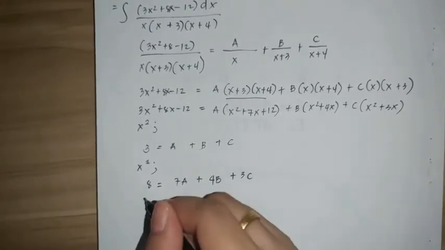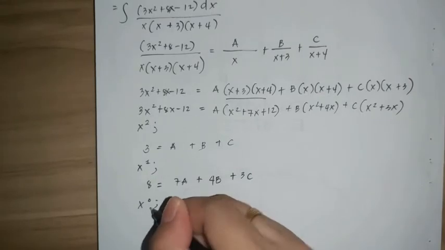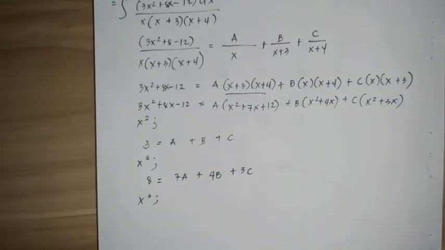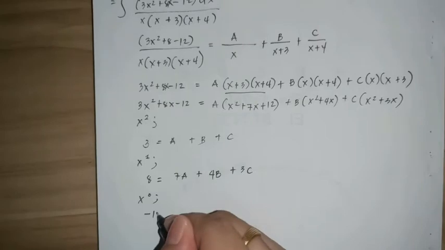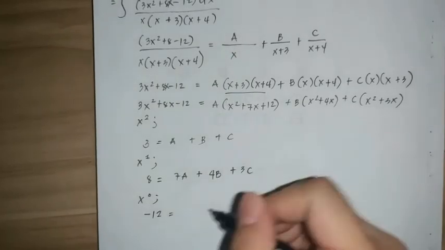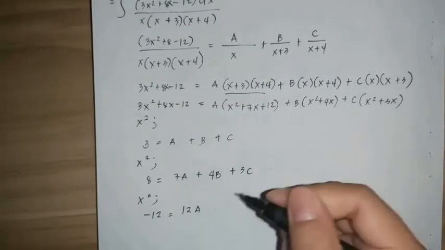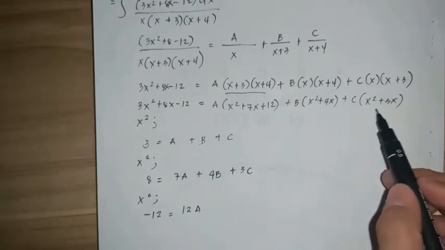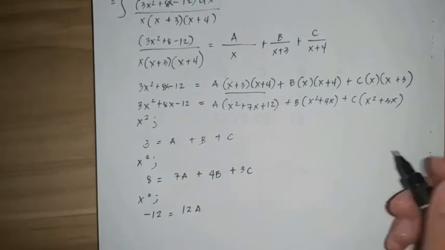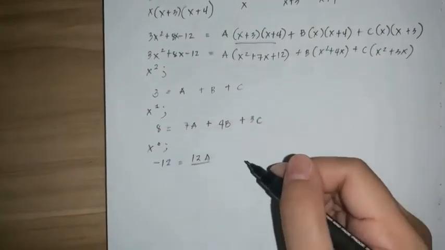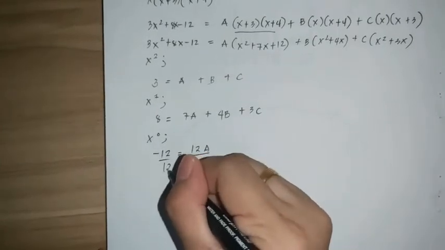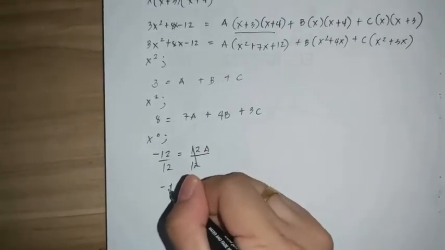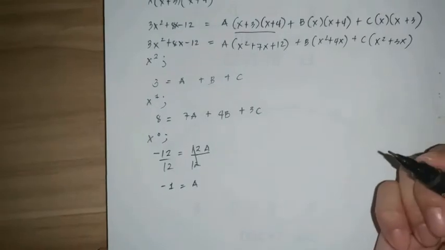Okay, and then at x raised to 0, or the coefficient of the constant, so we have negative 12 is equal to 12a, right? Then wala, so 0, 0 na siya tanan. So we could get the value of a na, negative 12 all over 12. So we have negative 1 for the value of a, right?